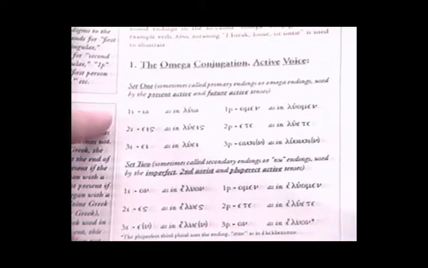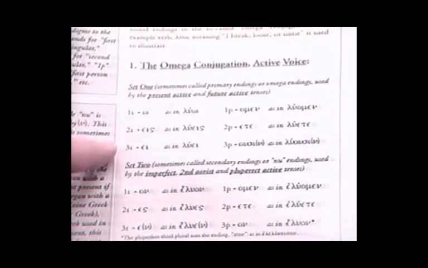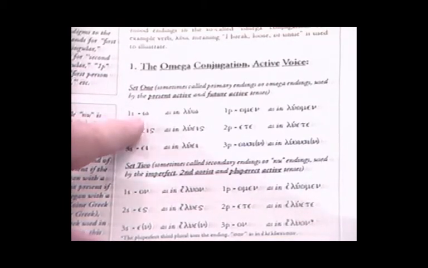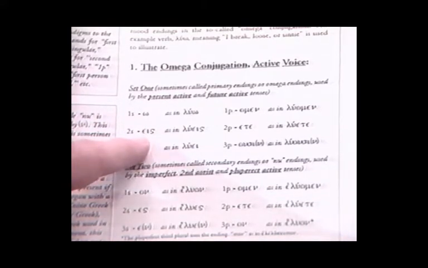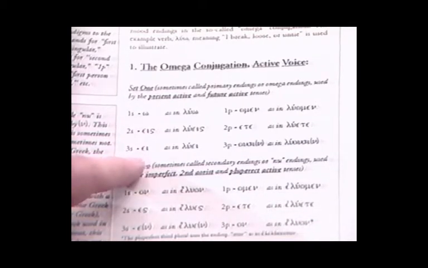This first set of endings is sometimes called the omega endings because the first person singular is the ending omega. Second person ending is ace. And the third person singular ending is a.